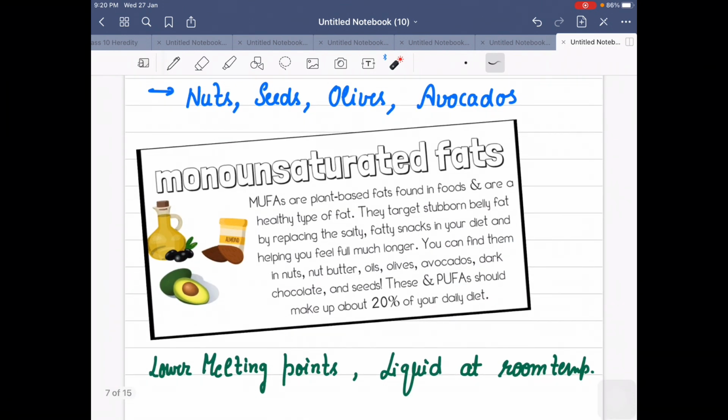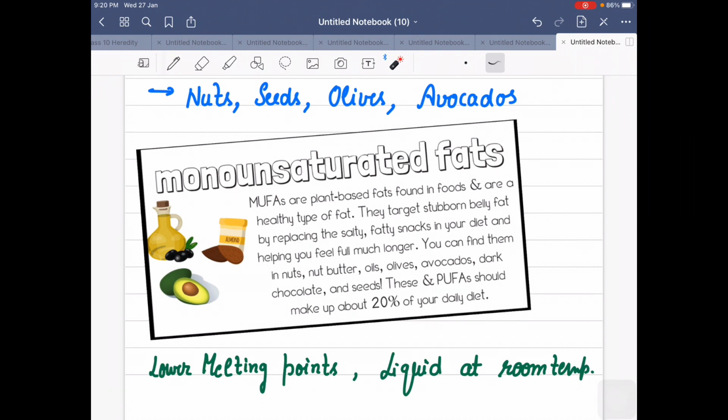They keep your tummy full for a longer time, and they should be in your daily diet, because they help to lower the cholesterol, both MUFA and PUFA.